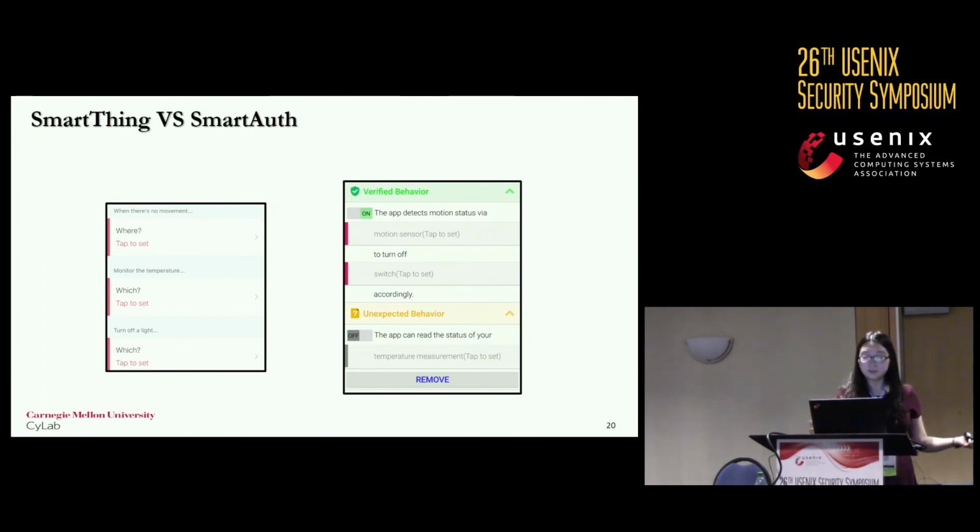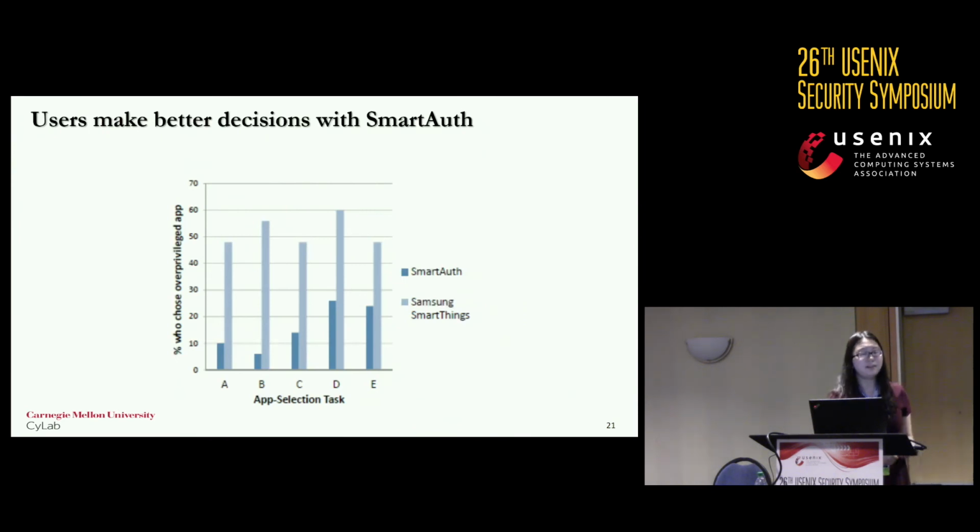And from our user study, we understand that users make better decisions with SmartAuth. Users who see SmartAuth interfaces find it much easier to avoid unexpected behaviors. Remember that we ask people to choose from one pair of 2 apps. So if users choose randomly, it's around 50% for each of the apps, right?